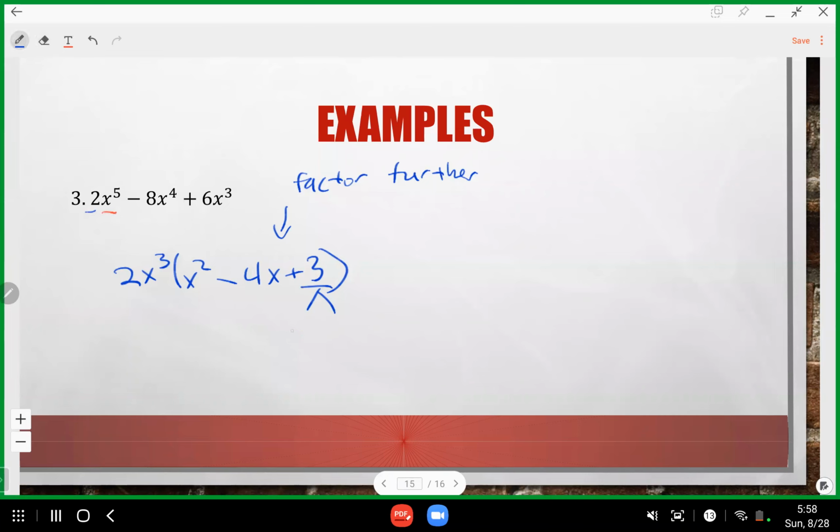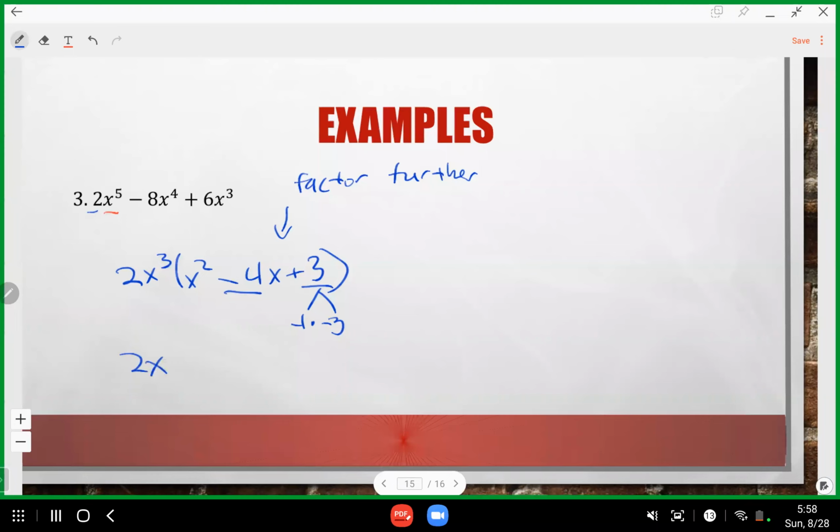So you know that it's -1 and -3, and they do add up to -4, our B term. So we get 2x cubed times x minus 1 times x minus 3.